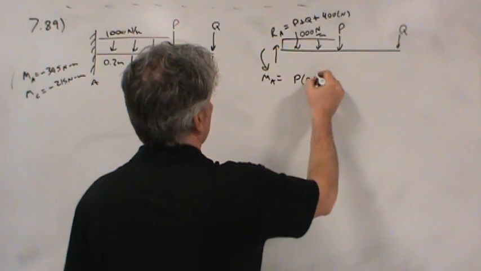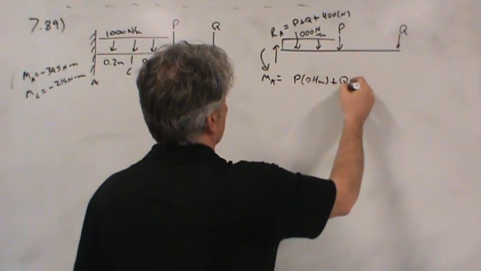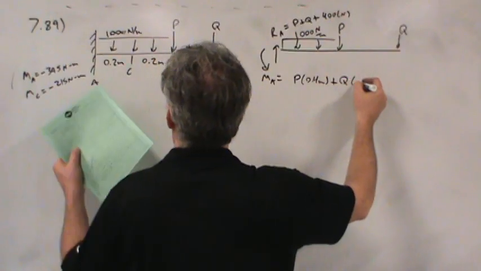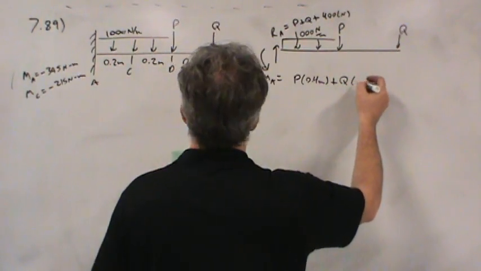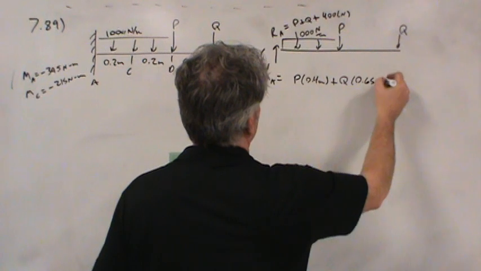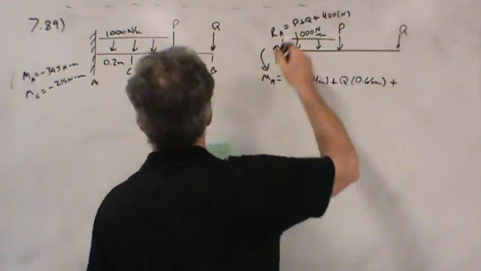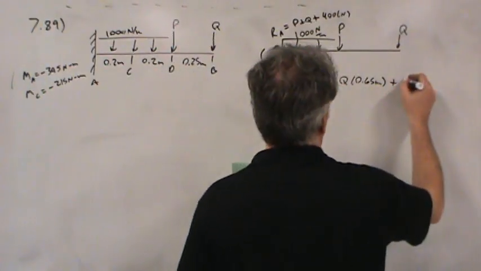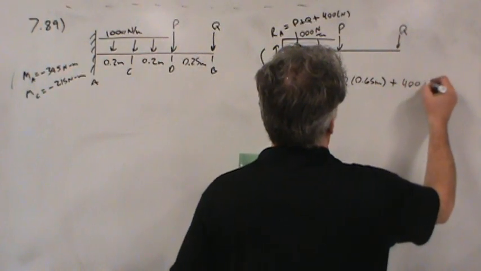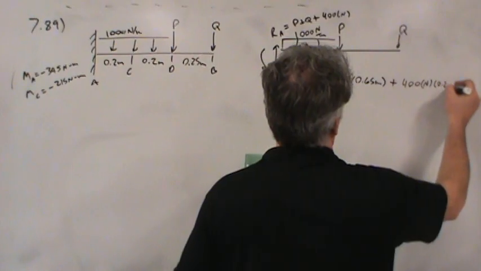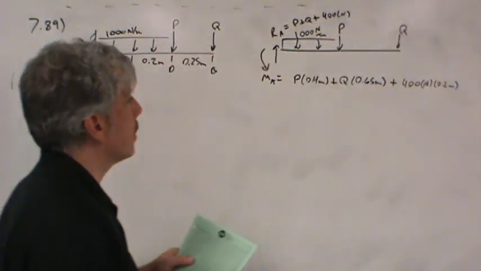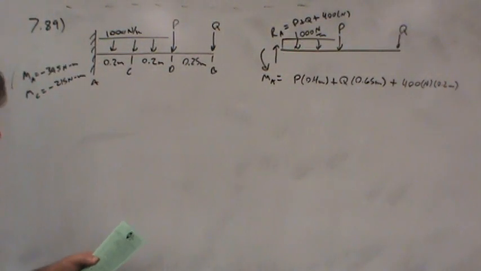P times 0.4 meters plus Q times the entire length, 0.2 plus 0.2 plus 0.25 is 0.65 meters, plus the 400 newtons acting at 0.2 meters, because that's where the resultant would act. Okay? So there's the moment at A in terms of P and Q. Now that's convenient because the moment at A was given as 395.